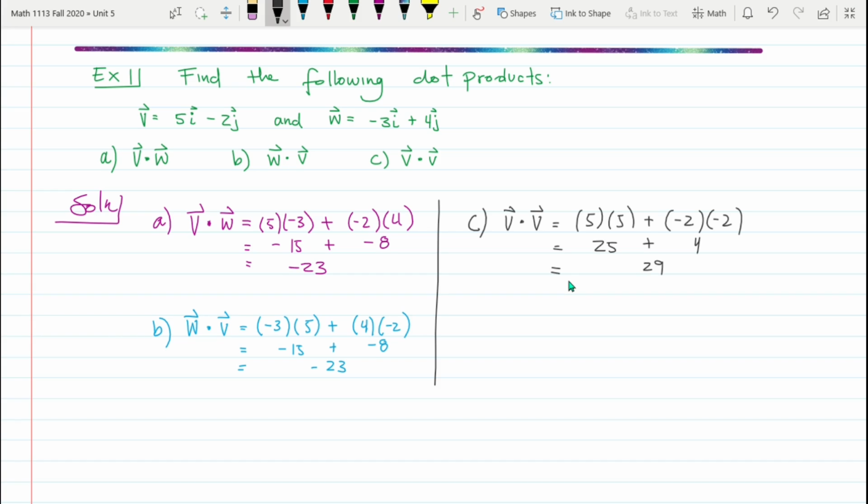So that is the answer for the dot product between v and v.